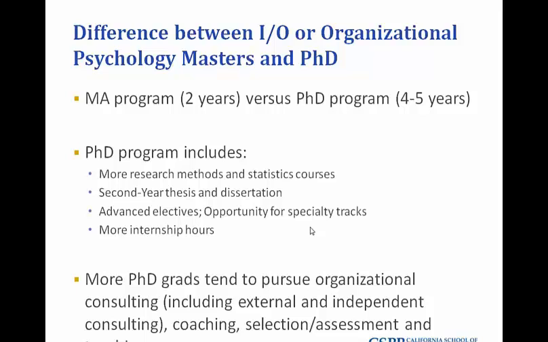And although within Alliant, most of the first 2 years of coursework in the master's program are shared with the PhD program, the PhD program includes more units on research methods and statistics. There is a requirement for a second-year master's thesis, as well as a dissertation in your 4th year.